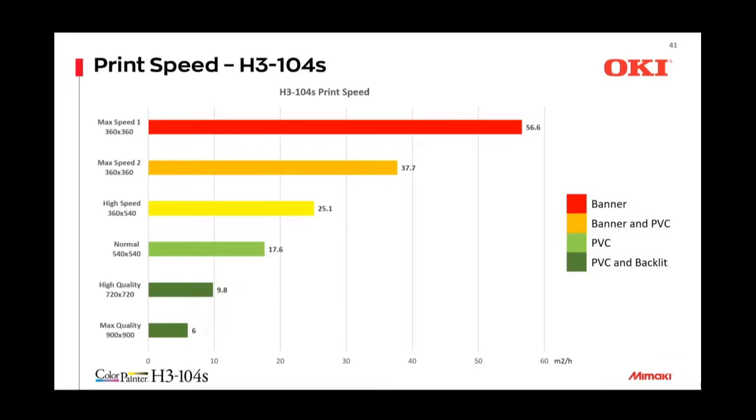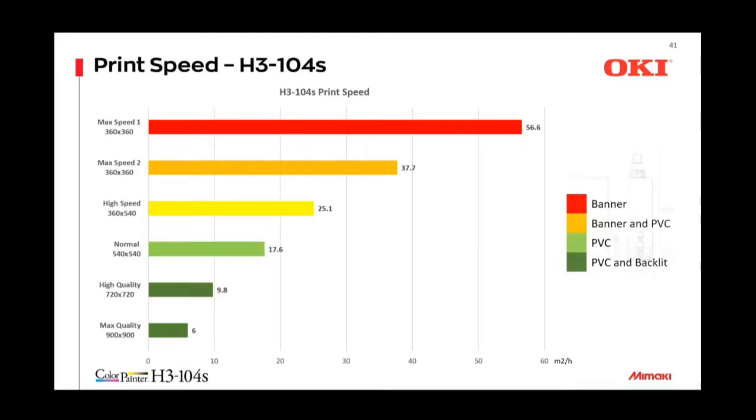Where we've got sort of mid-range between PVC and banner type area, which is quite a nice mode on this machine, is between 25 and 37 square meters an hour. So we can get some nice high saturation and image quality regarding those modes. But the 56.6 is a better mode and is a point of sale type of mode in the H3.